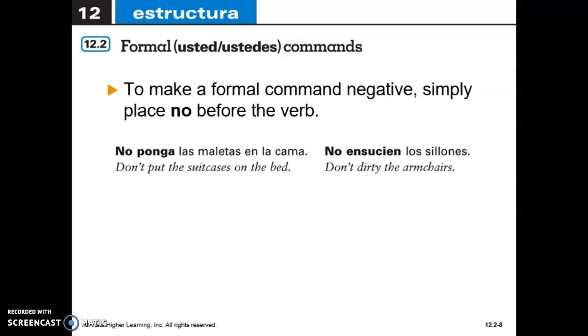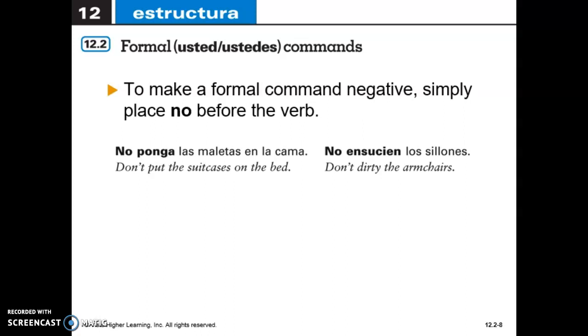No ponga las maletas en la cama. Don't put the suitcases on the bed. No ensucien los sillones. No comas pizza todos los días. Don't eat pizza every day. No tomes mucho refresco. Don't drink too much soda.